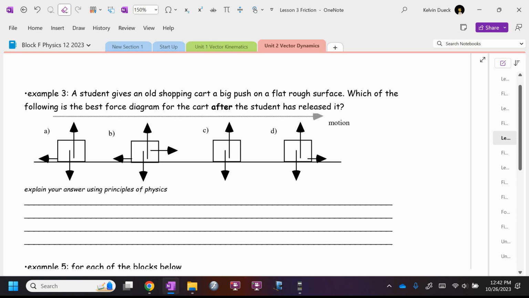I don't have a cart, I got a little office chair here. Sorry for those of you on YouTube, but the student gives it a push. We're talking about after it's left the student's hand, right there, but not after it's come to a stop. Which of those four diagrams do you think is the best free body diagram?